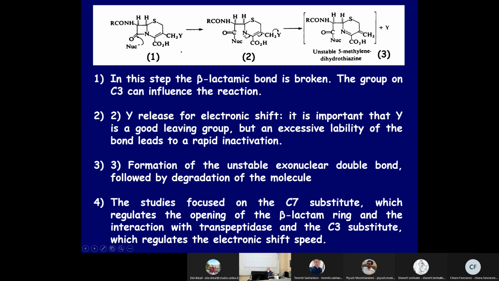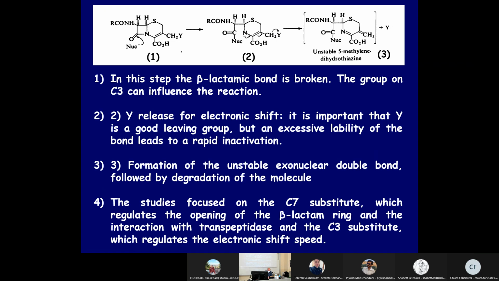You can see the opening of the beta-lactam ring, and the lone pair of the nitrogen atom is shifted on the 6-member ring, and due to this conjugated double bond, we have the formation of this unstable 3-methylene, this carbon atom with a double bond here in this position.